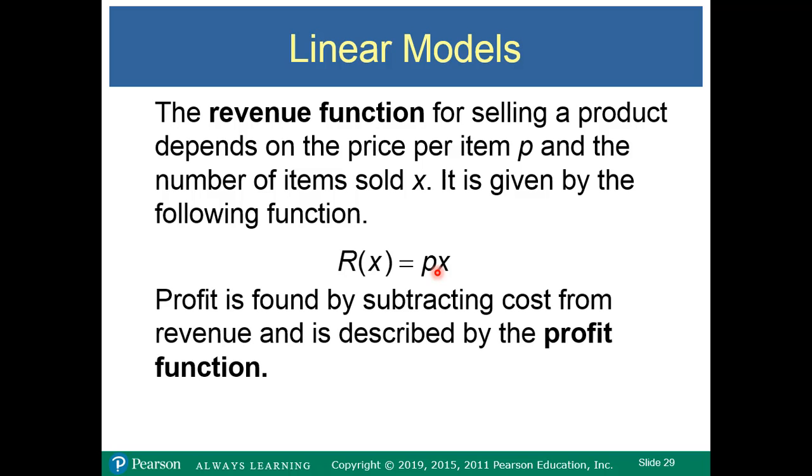That's the revenue function. So now the profit function is really simple. It's the difference between your revenue and your cost. Profit is always your revenue function minus your cost function. Okay.